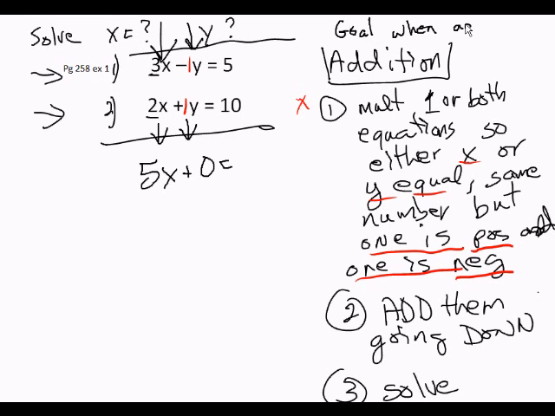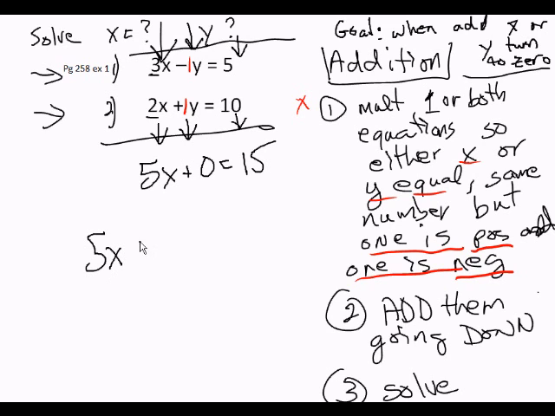That's our goal. I should have put a goal up here. This is called the addition method. When we add, either the x's or y's have to go away. X or y have to turn to 0. So that's our goal, and we did it.